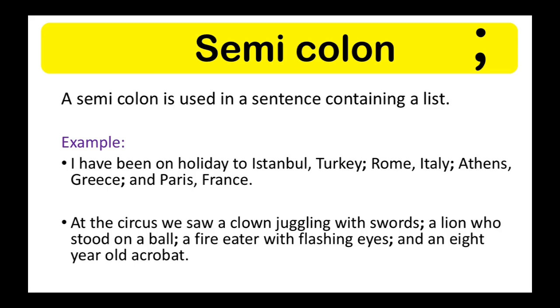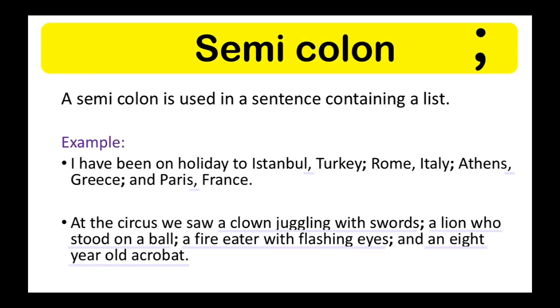So, when a semicolon is used in a sentence containing a list, generally the items in the list are long, or the list already contains internal punctuation, for example, commas. So in the first example, we have internal punctuation, commas, and in the second example, the list is very long.